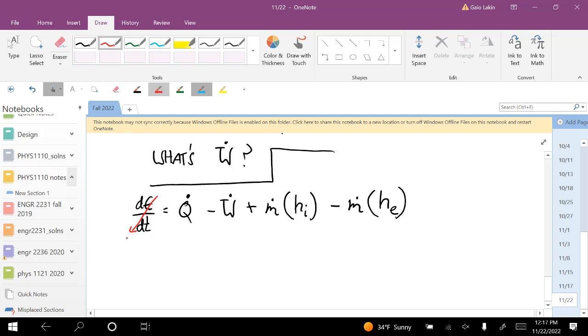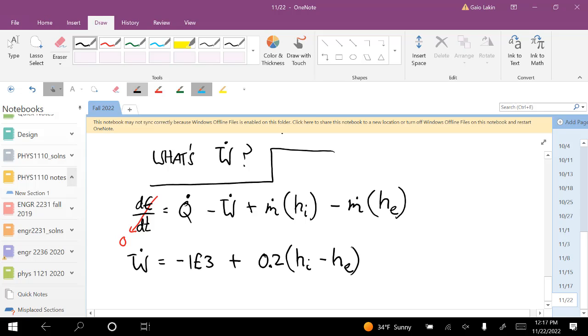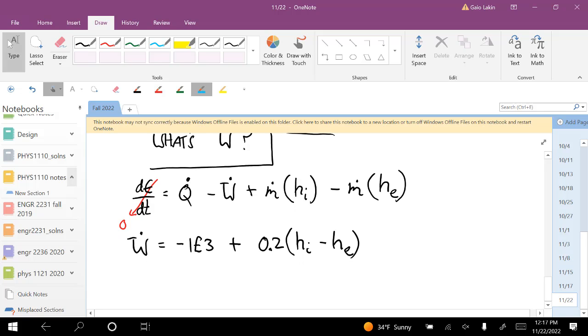And this goes away. So we have 0 is equal to negative 1 times 10 to the 3rd minus W dot. I guess I'll move W dot over to the other side. And then plus m dot was given, that's 0.2, times the quantity h_i minus h_e. And so all we have to do is figure out the change in specific enthalpy.